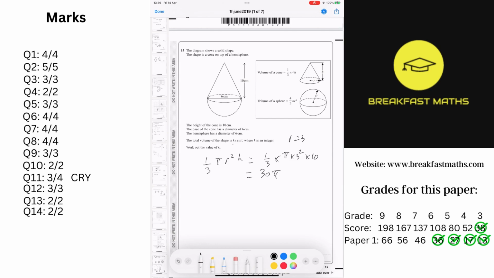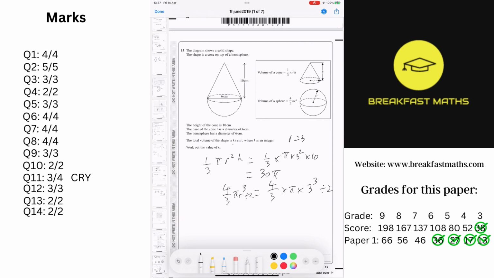Okay, and then the sphere, we've got a hemisphere, but we've got the sphere here. How are we doing for time? We're at 14 minutes. Okay, question 15, not bad. Then we're going to say volume of sphere 4/3 pi r cubed, and then we're going to have to divide this by 2. So we're going to say this is 4/3 times pi times 3 cubed, all divided by 2, so we don't forget.